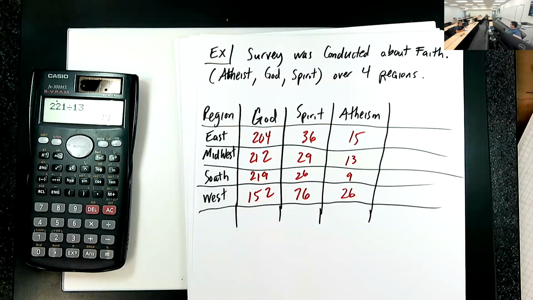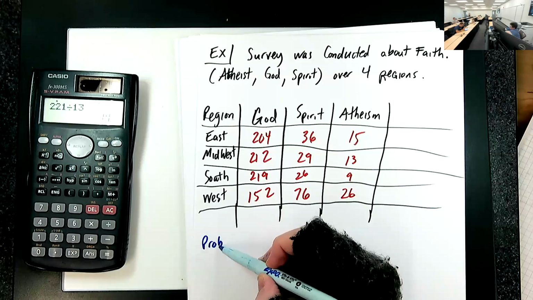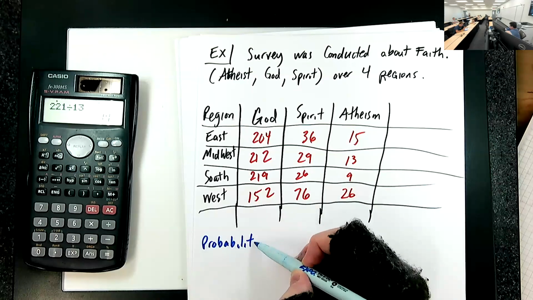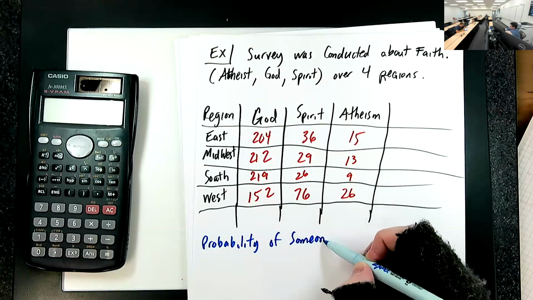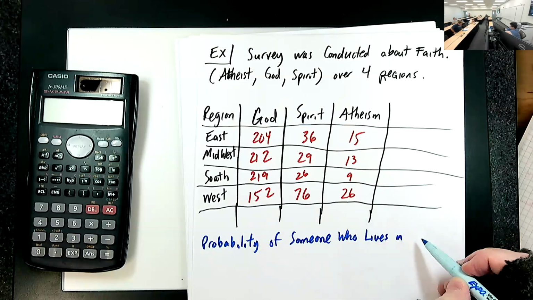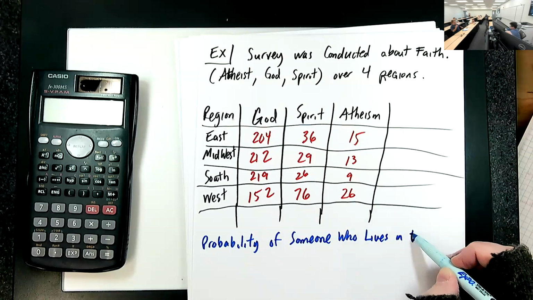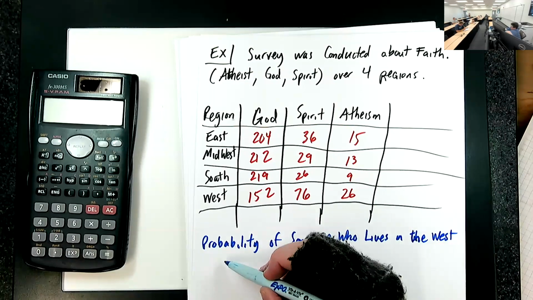And the questions we're going to ask: What is the probability of someone who lives in the West being an atheist?